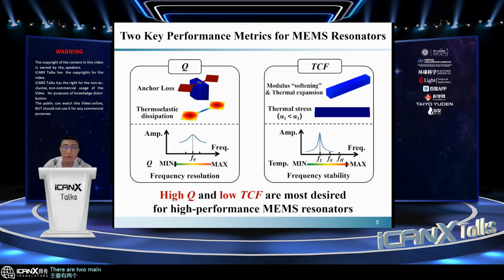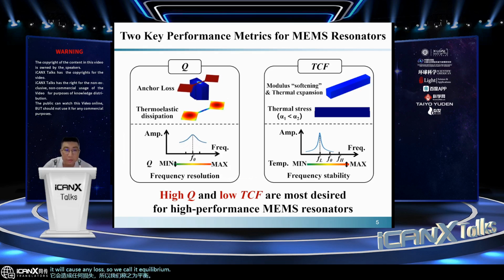There are two main key performance merits for MEMS resonators. The first one is Q. For vacuum encapsulated MEMS resonators, there are two main energy loss mechanisms. The first one is the anchor loss. The mechanical vibrations will leak from the supporting tethers to the substrate. It will cause energy loss, so we call it anchor loss.